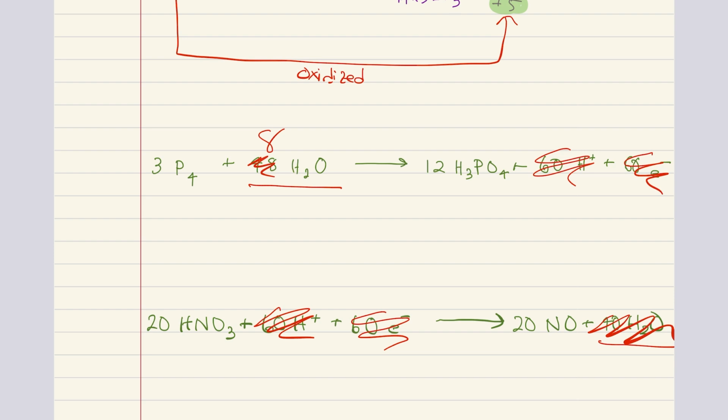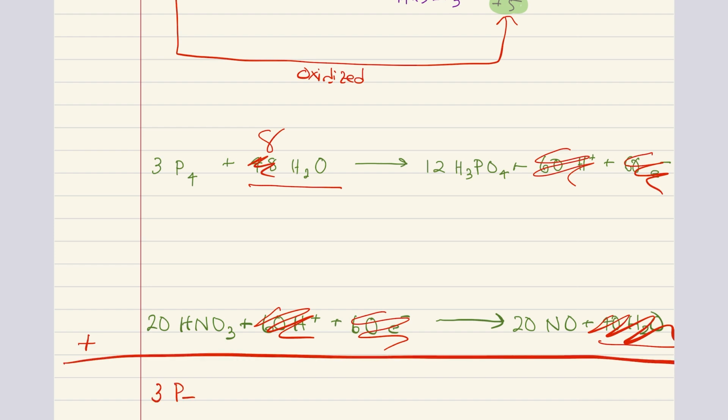So if we go ahead and add these up, what we get is 3 in front of tetraphosphorus plus 8 water molecules plus 20 in front of nitric acid. And that's all on the reactant side. On the product side, we have 12 in front of phosphoric acid plus 20 in front of nitrogen monoxide.